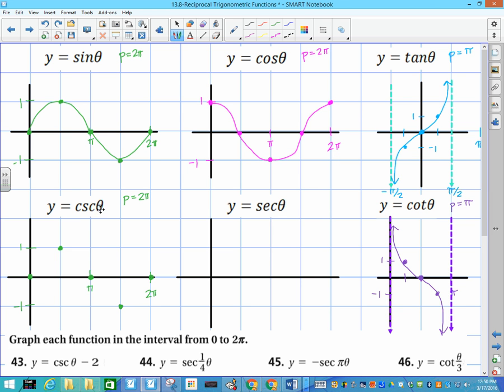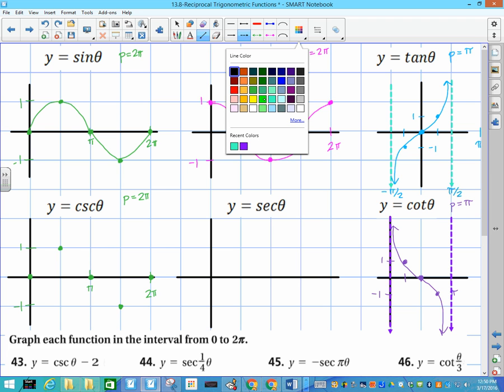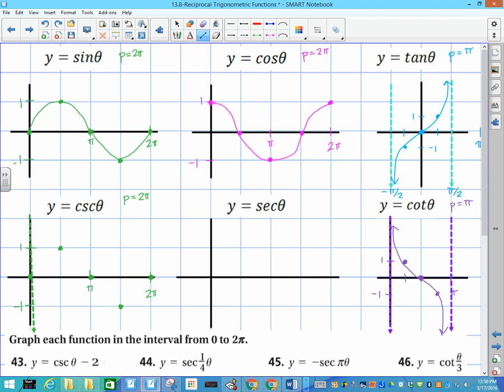Now, the difference is it's 1 over these values, and 1 over 0 we've just talked about is undefined. So what am I going to have at these points now? I'm going to have asymptotes wherever I have zeros. So, oops, that guy went crooked on me because I got a little excited maybe. Everywhere I have a 0, I'm going to put an asymptote. Now, the reciprocal of 1 is 1, so this point is on both graphs.